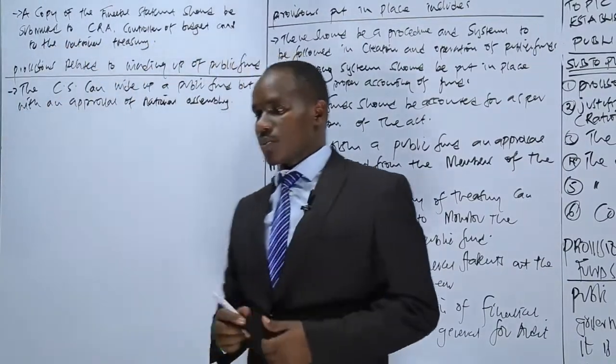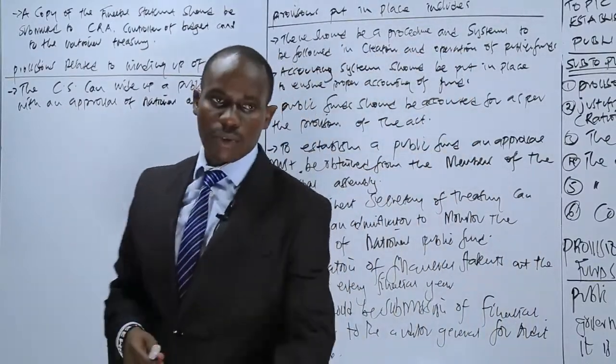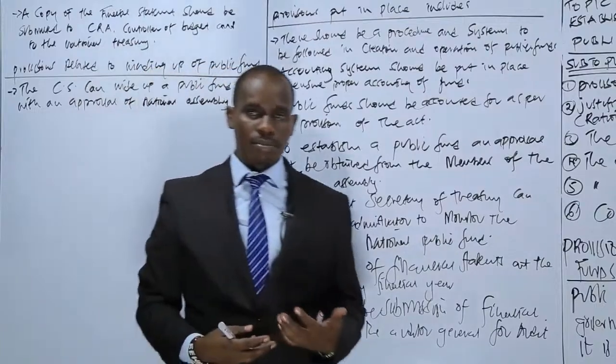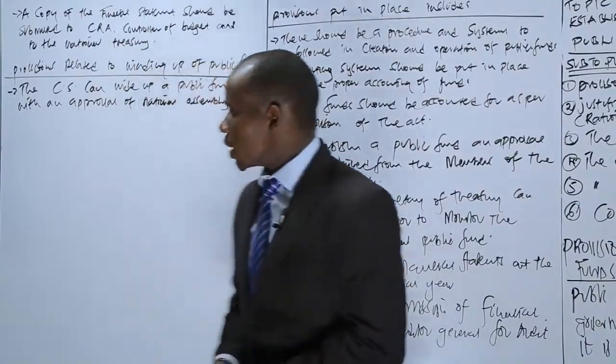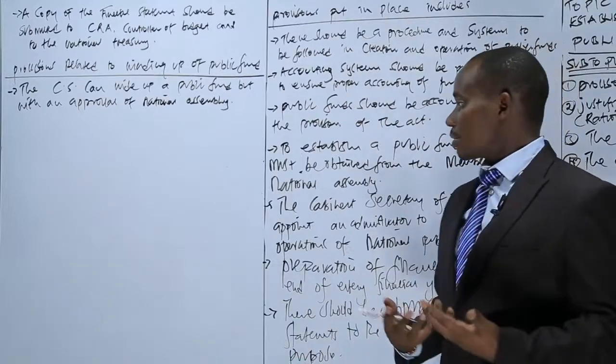We expect to get an approval or a consent from the members of the National Assembly, because for you to wind up, you need to tell us why you are winding up that particular fund.